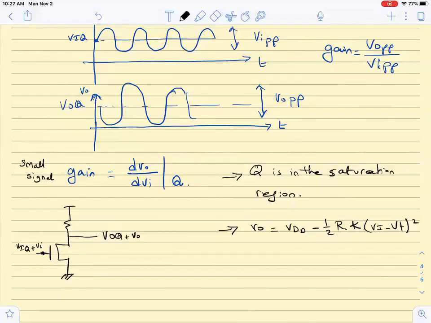I can use this equation to derive it. This means that dVo by dVn at Q is equal to minus R times K times (Vn minus Vt), right? Yes, thank you, Wahid. I'm going to evaluate it at point Q. So this is going to be equal to minus R times K times (Viq minus Vt). This is the gain.